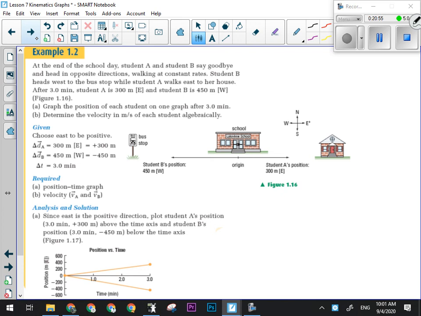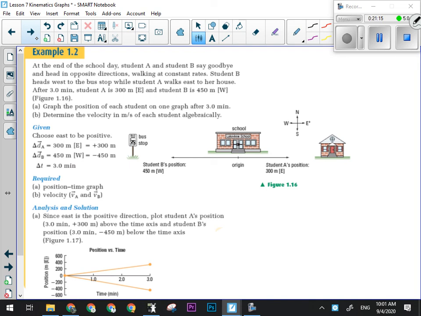All right, so a couple of good situational graphing questions here. At the end of a school day, student A and student B say goodbye and head in opposite directions, walking at constant rates. Student B heads west to the bus stop, while student A walks east to her house.